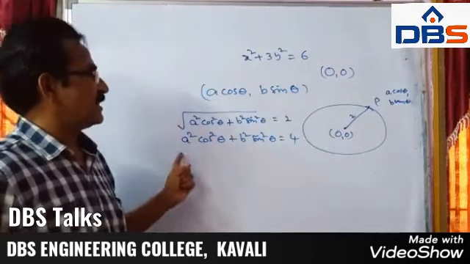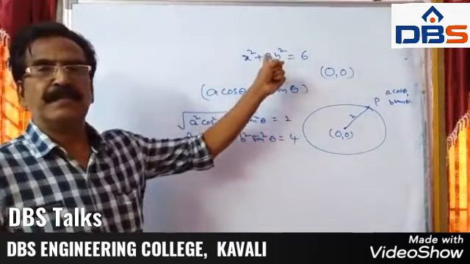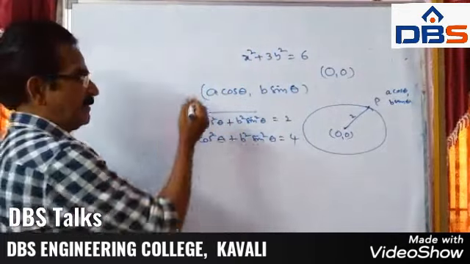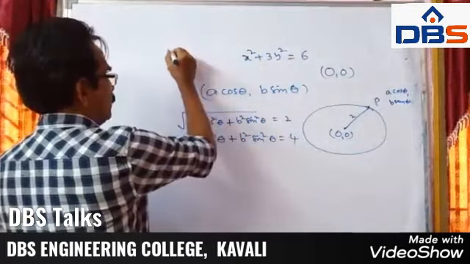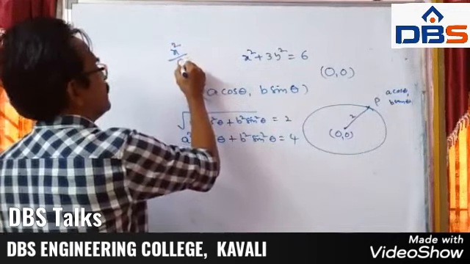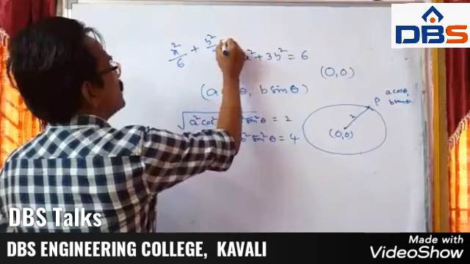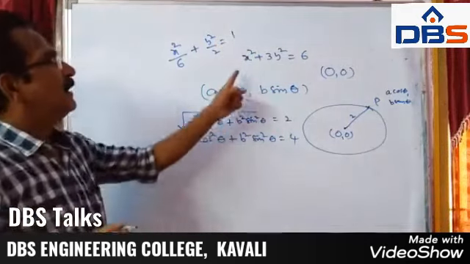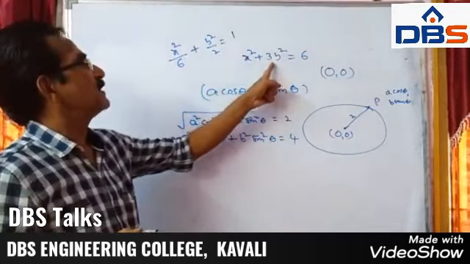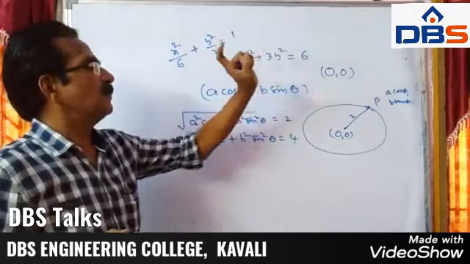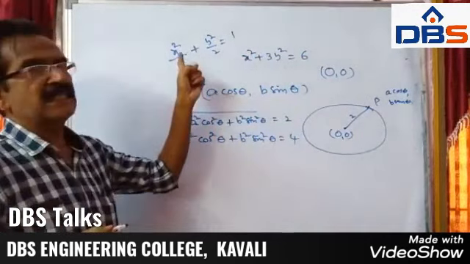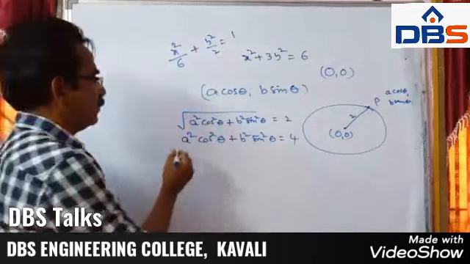Then what is a square, what is b square? We get it from the ellipse equation. By dividing with 6, we get x square by 6 plus y square by 2 is equal to 1. So a square is equal to 6, b square is equal to 2.